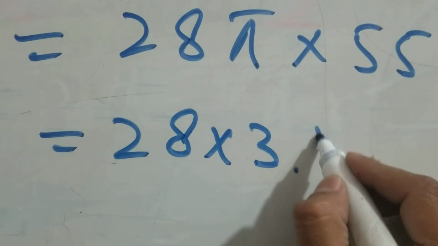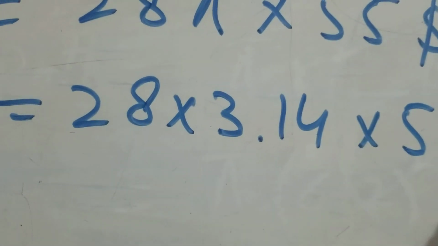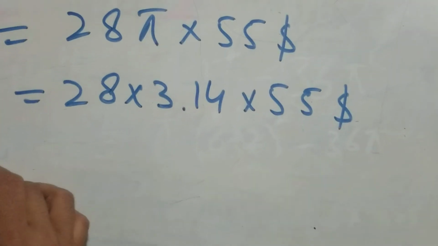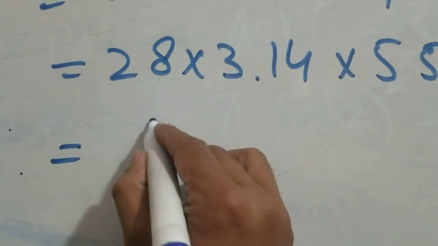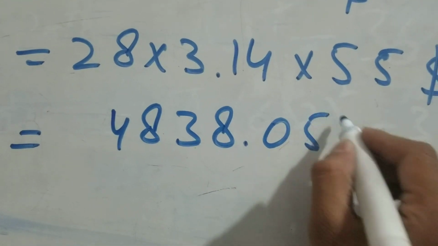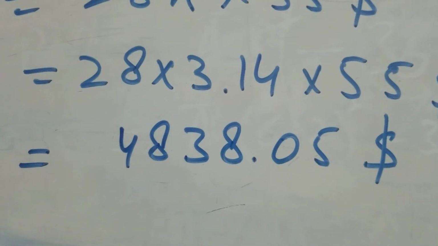This is the value of pi 3.14, and what is the value of 55? So we multiply all these values. The result is 4838.05. This is the total cost of the paved path.